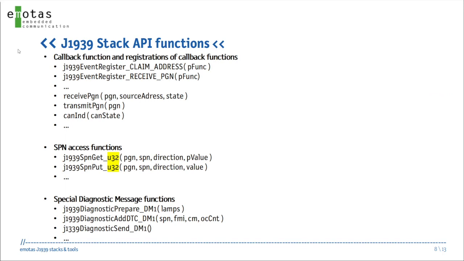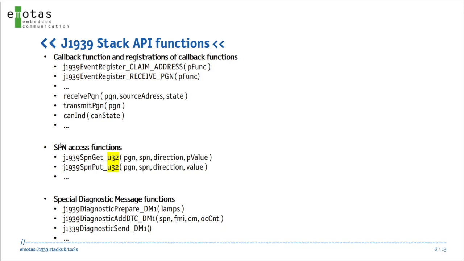On this slide, I have summarized some of the API functions of the stack. The basic idea is that one can register callback functions which are called at specific events, and then the callback function, for example, informs the application that a PGN had been received.